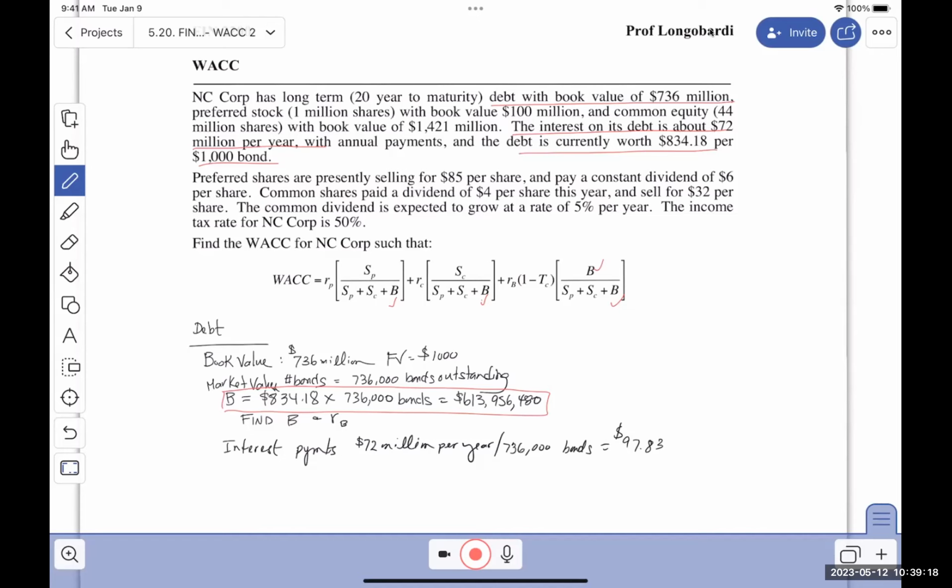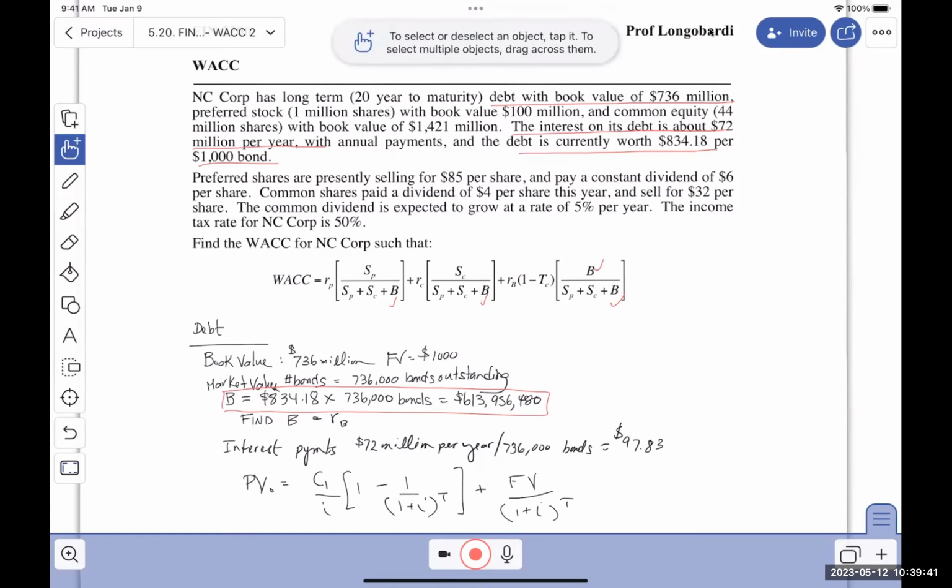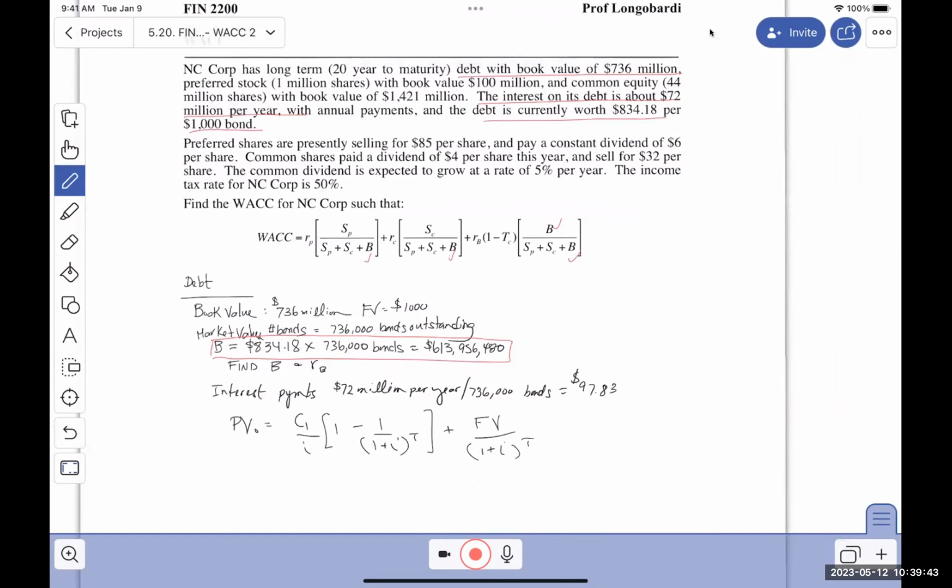So we have a formula. This is the bond formula. Now you want to modify it with the symbols, but it's the same thing.